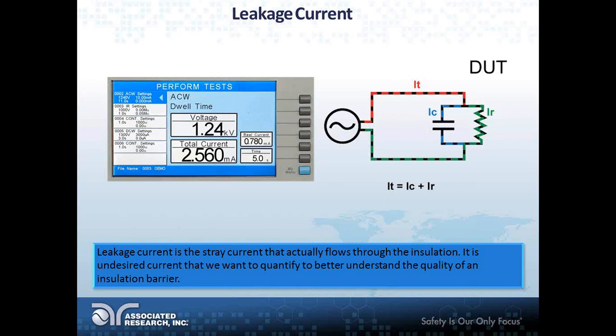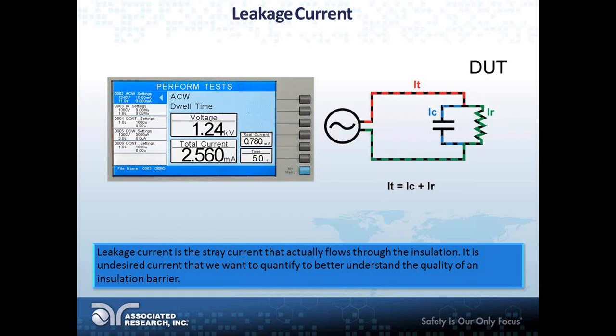Therefore, when you apply the high voltage, you're basically charging up the device and creating a big capacitor. Now there's got to be some resistive element to it. Therefore, we see the real part of the current, and due to the capacitance of your product, you see the reactive current.